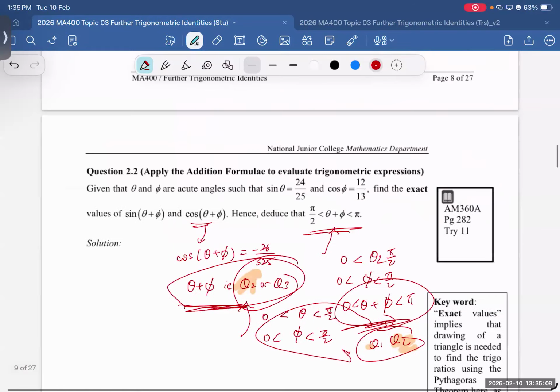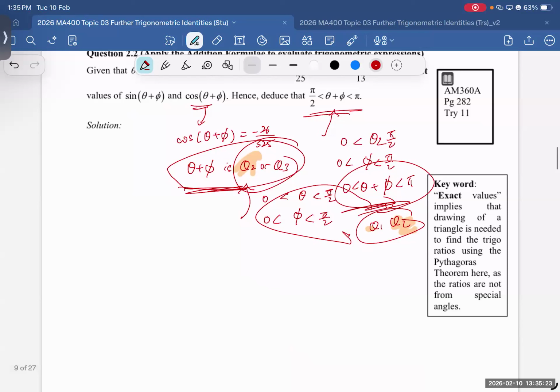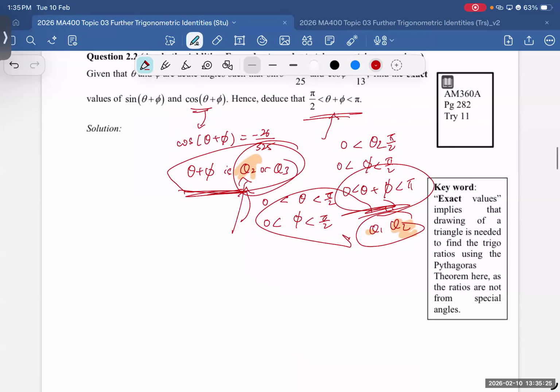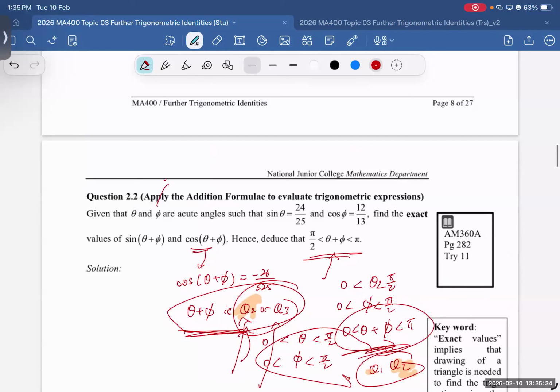2.2, the second part, right? I've gone through this 2 times so far. In case today you all didn't catch, go back to the recording. Now, have you found that cos theta plus phi is negative? When it is negative, am I right to say that it must be the second or third quadrant?